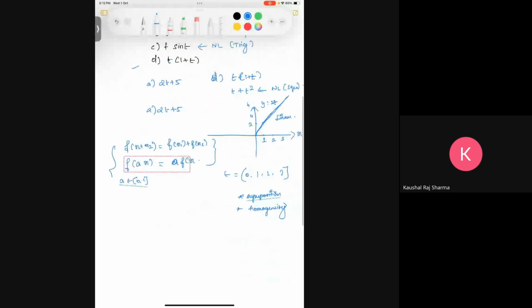And when I continue this graphical representation, y equal to 2t plus 5, I am taking here. When it becomes 2t plus 5, it has one deviation at the coefficient, this constant jump.